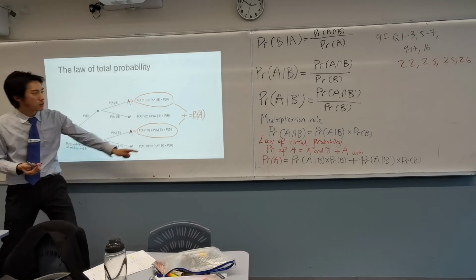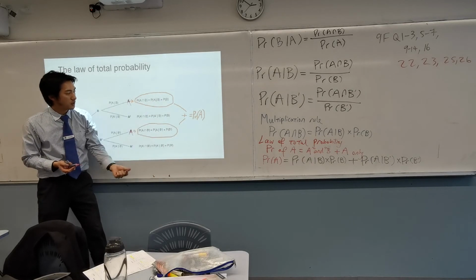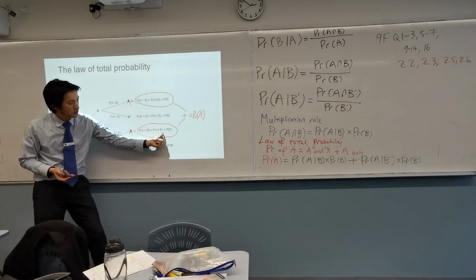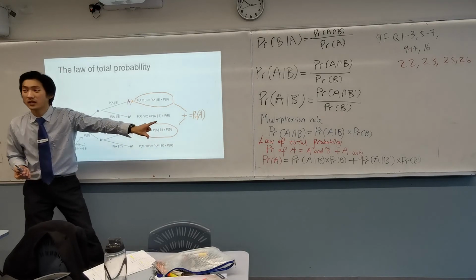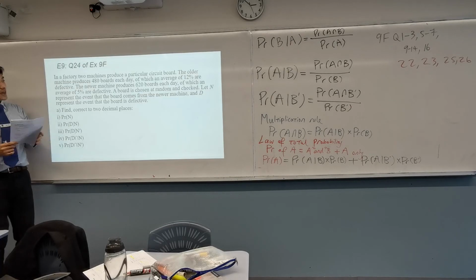If you think about it, the probability of A, adding this part, A given B times B, plus A given B dash times B dash, that's actually just what our law of total probability is, restated as an equation instead of a tree diagram.